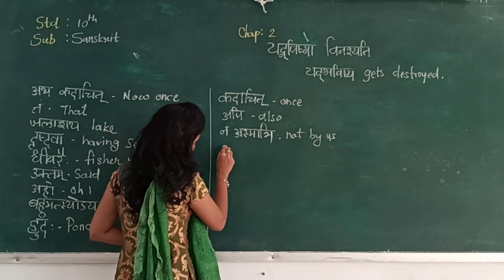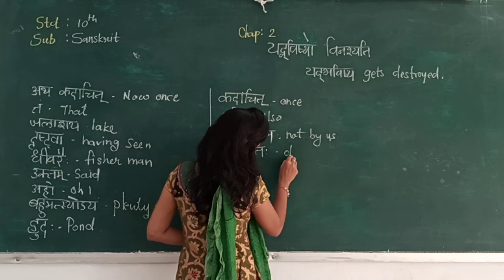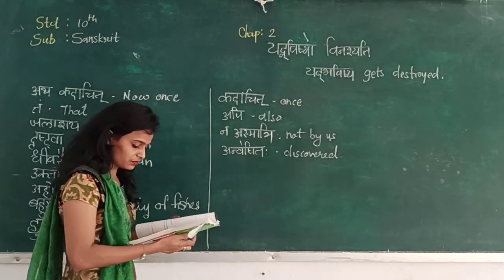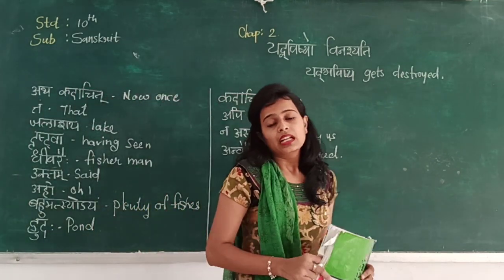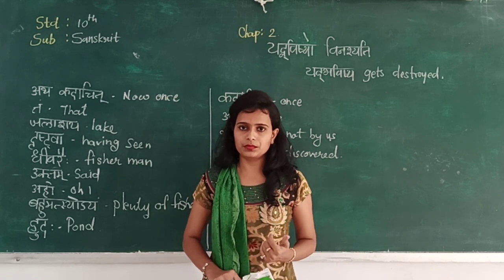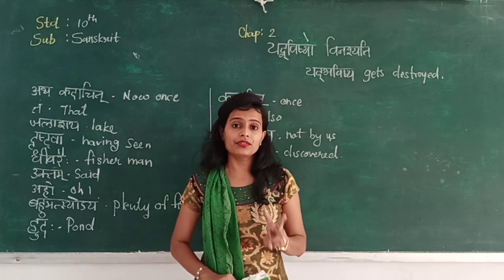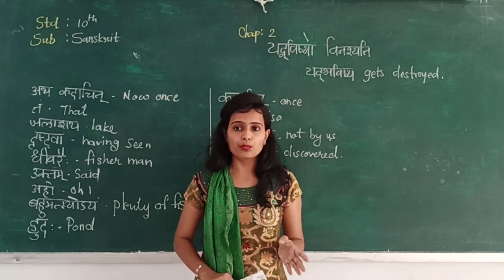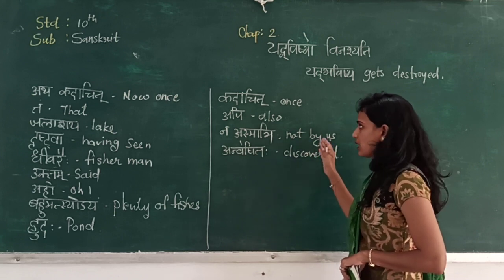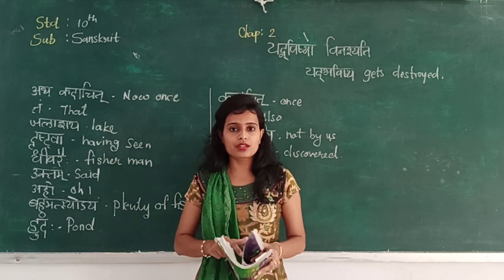Anveshitah means discovered. So there are three male fishes living in one pond. In the same pond two fishermen came, and after seeing that lake they said, oh, plenty of fishes are here. We have never seen or discovered this type of fishes before.